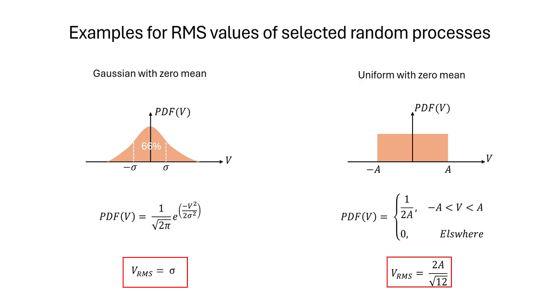So that's why I put this example here, and it's nice to know the RMS of a uniform random process spanning from minus A to A. Again, for a zero mean random process, the voltage RMS equals its standard deviation, which here is 2a divided by square root of 12.